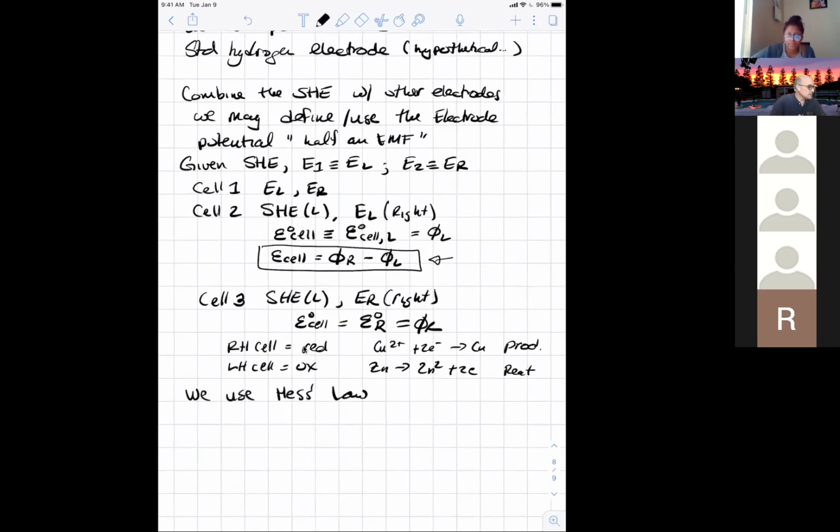To do this, we really use Hess's law. What do we say? We say the free energy of reaction 1 plus the free energy of reaction 2 is going to be the free energy of reaction 3. You should see this. This is true by additivity, right? If you add the reactions together. I'm kind of mixing my labeling a little bit, but I hope it's obvious what I'm doing here.